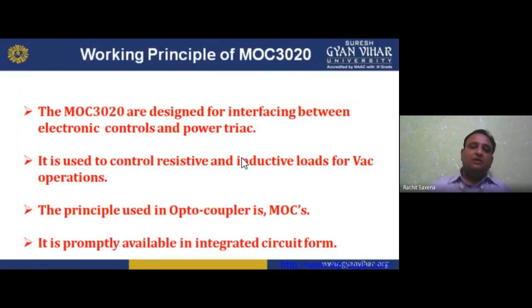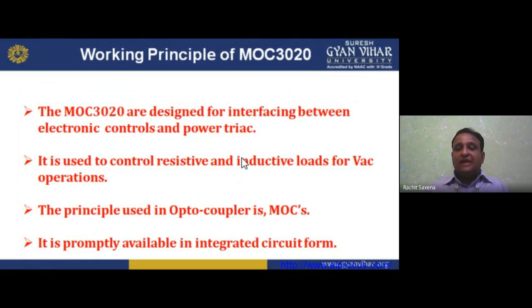Now the working principle of MOC 3020: how it works and on which principle.